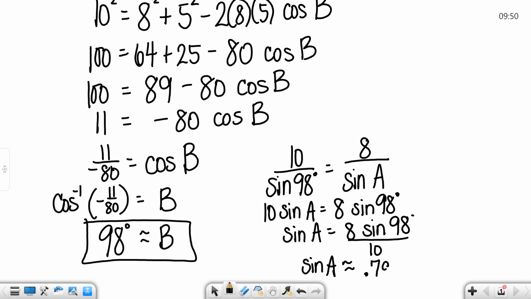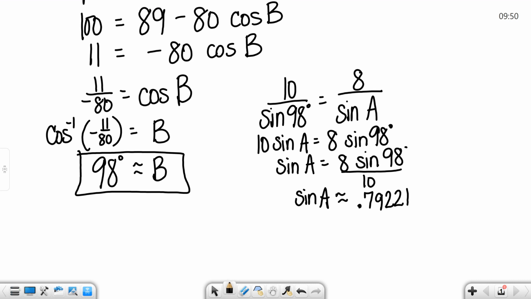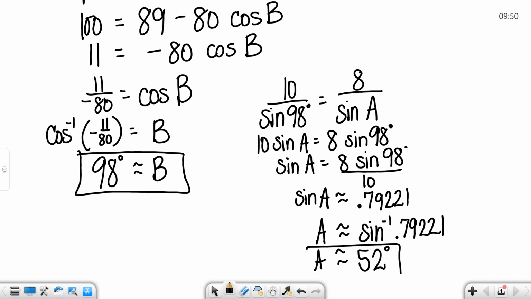Okay, and that decimal, carry it out a few places. And now to find A, I do the inverse sine of that decimal, and it will give me my angle. So A is about 52 degrees.